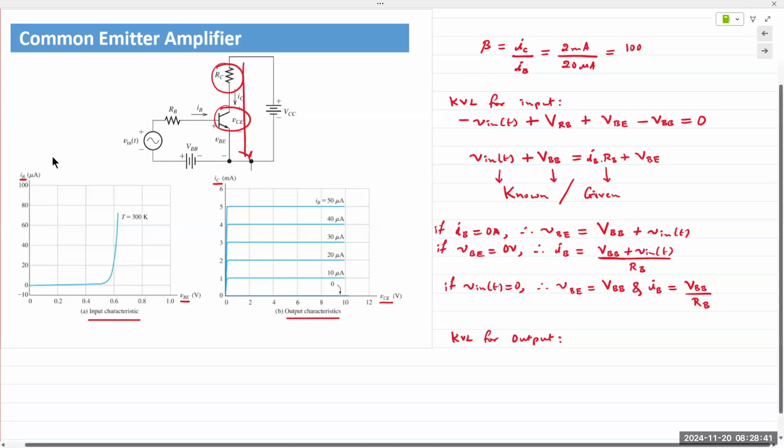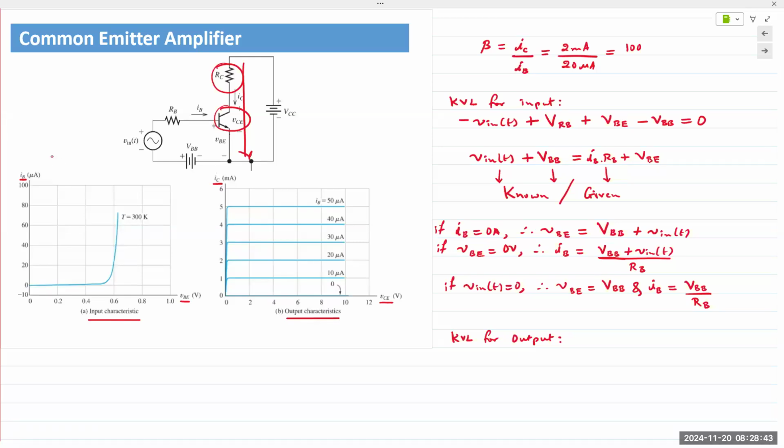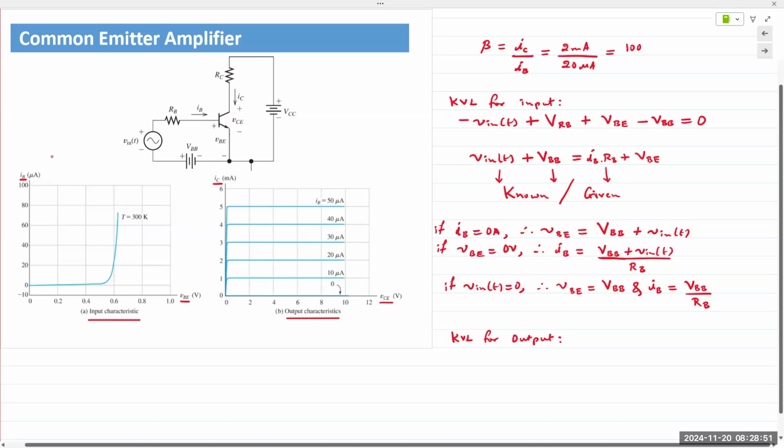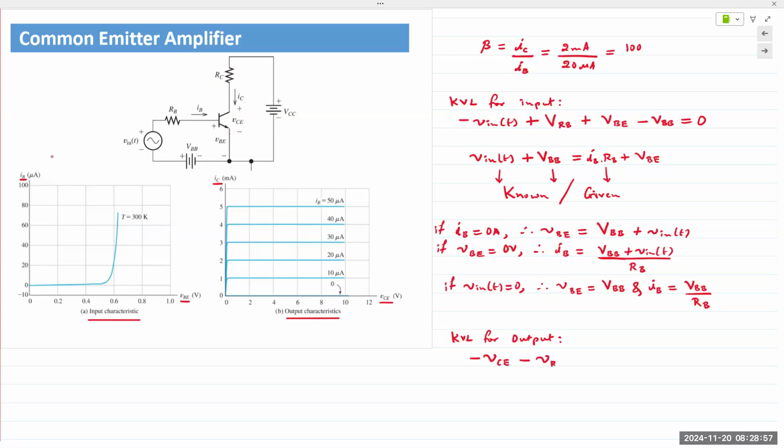But in this case, we are not using an emitter resistor. So it's 2 drops, and it's VCC. VCC is simply divided across RC and VCE. So I would write minus VCE minus VRC plus VCC is equal to 0.